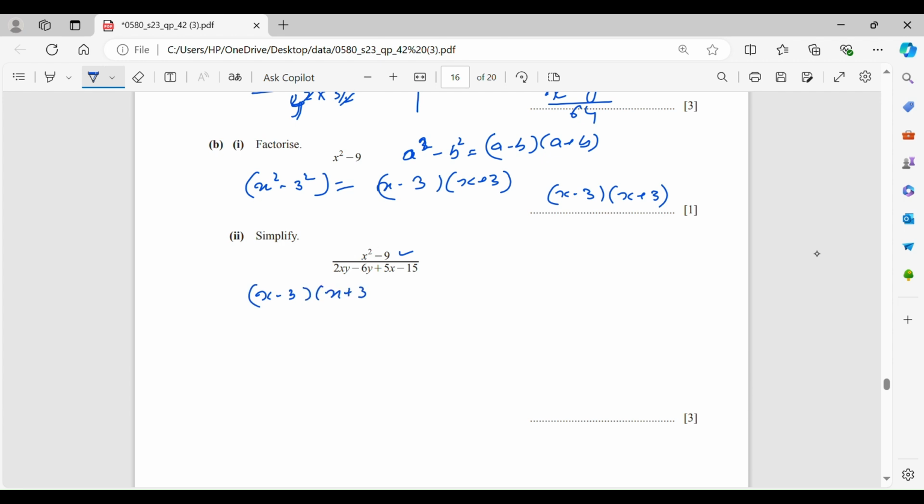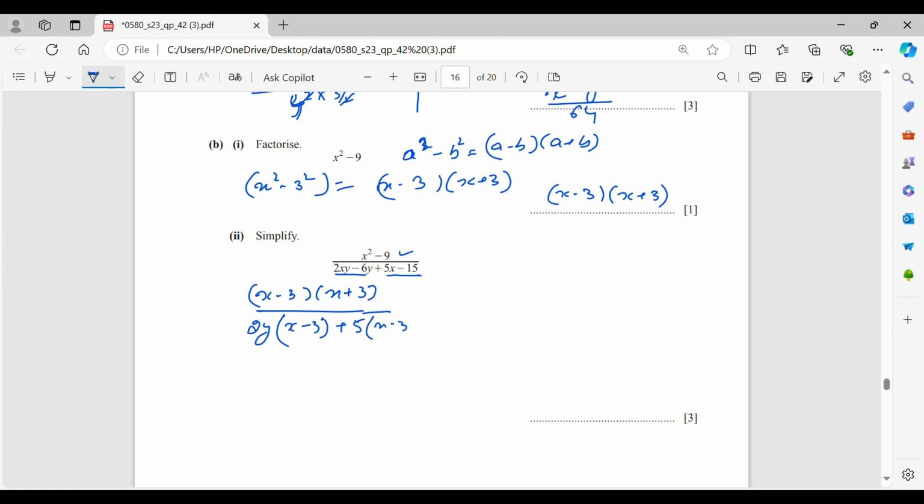So for the bottom we will use the grouping method. We will take two terms, right? For the first terms, 2y will be common, 2y times x minus 3, and from the second, 5 is common, times x minus 3.